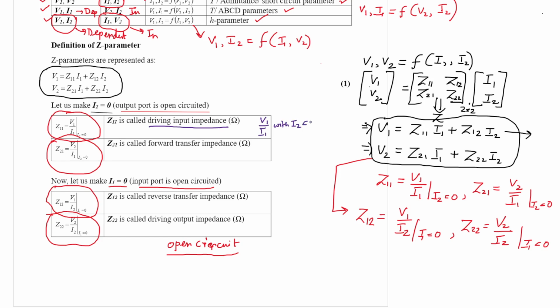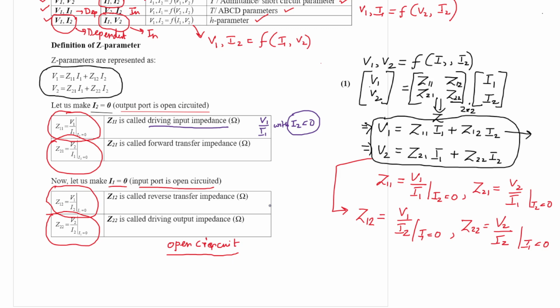Here it all represents input parameter. From the input port, this impedance drives the entire network. That is why it is called driving input impedance.